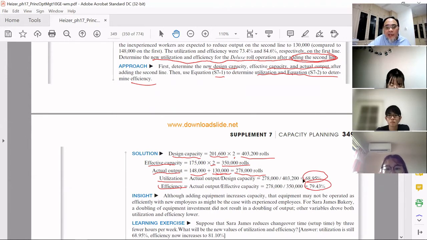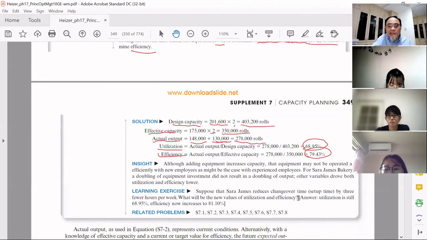So although adding equipment definitely increases capacity, the equipment may not be operated as efficiently with new employees because of inexperience. After a year or 2 weeks, there is the so-called learning curve.